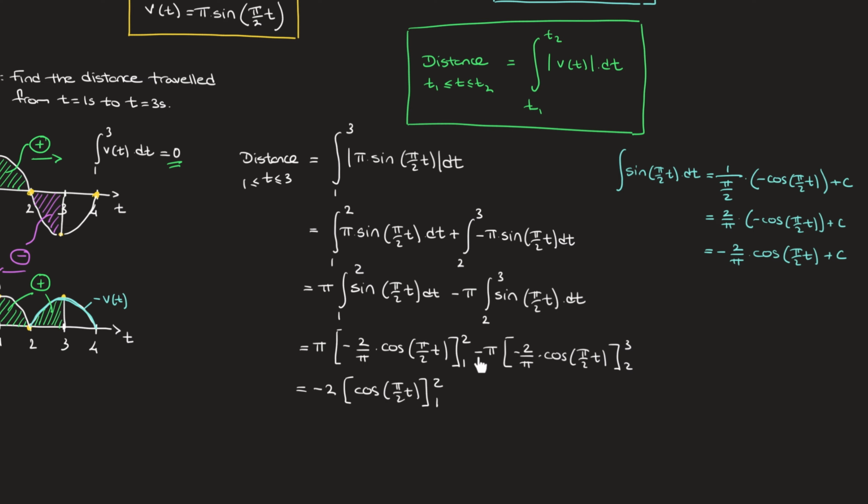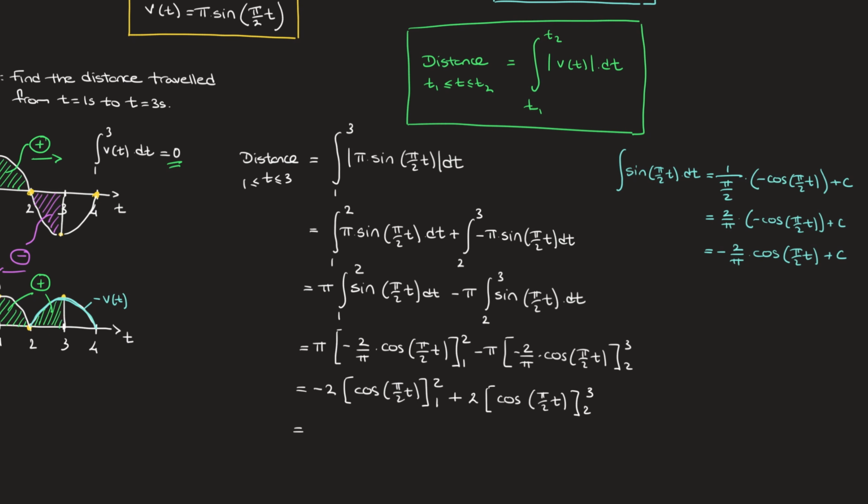And then we have minus pi times negative 2 over pi. So that's going to become plus 2 times, in square brackets, cosine of pi over 2t with lower limit 2 and upper limit 3. And now we're finally ready to plug the upper and lower limits inside this cosine function to write the following.